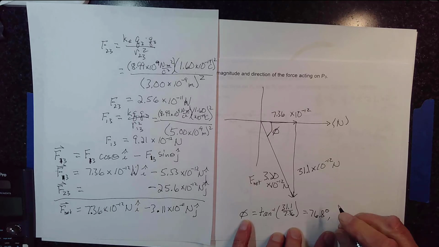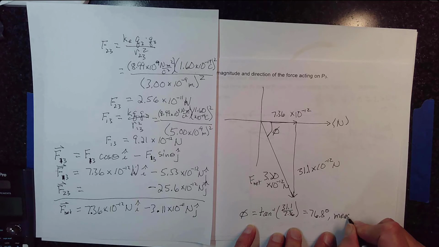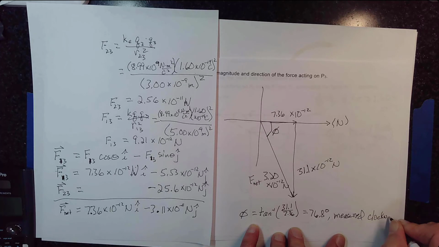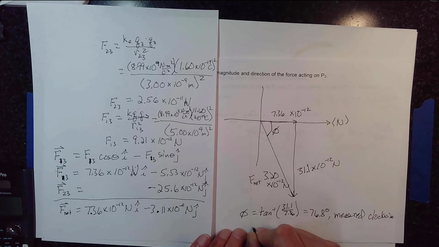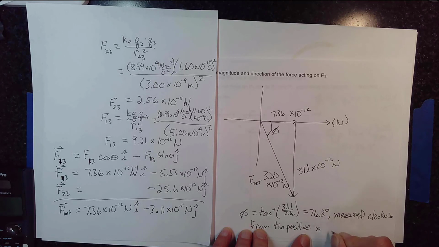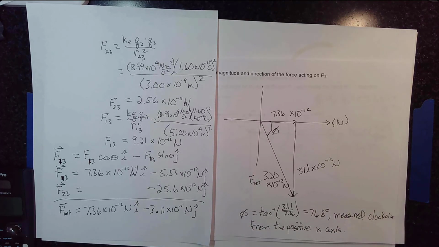And then I just explain which direction it is: measured clockwise from the positive x-axis. And that gives me a complete description of the force. I know its magnitude, and I know which direction it points.